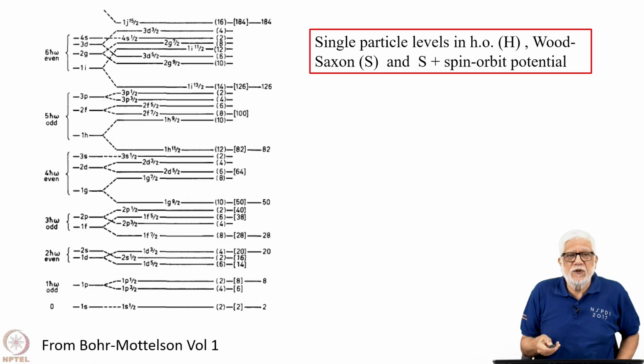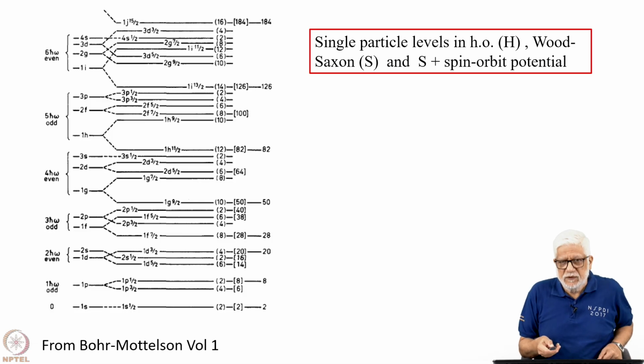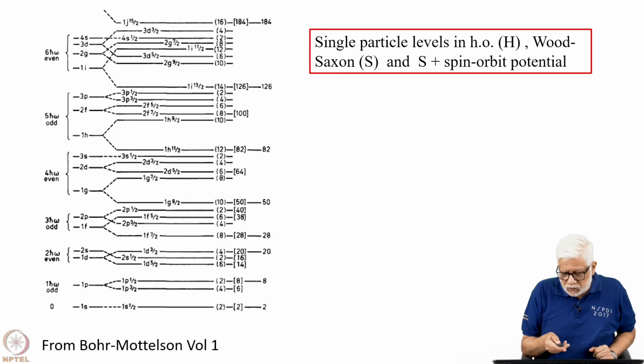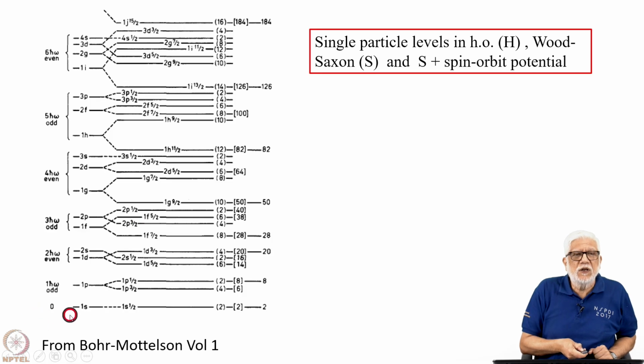So, for instance, were you to put in this spin orbit coupling term of the magnitude that was mentioned there, then you can start out with let us say the harmonic oscillator potential, which gives you these states 1s, 1p, and then you can also put in the Woods-Saxon form potential, and then you get these states. And if you put in the L dot S interaction, then these states split.